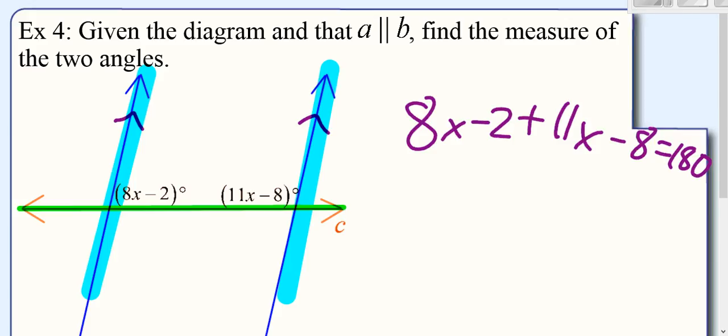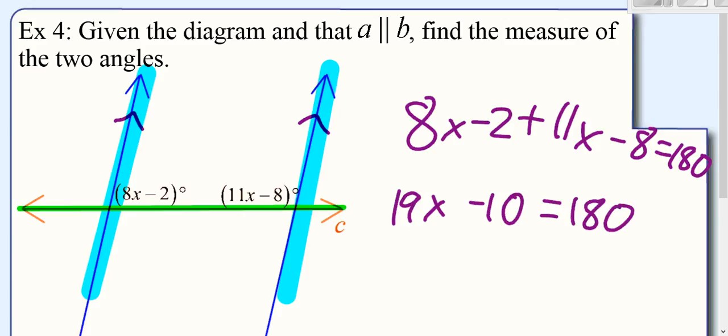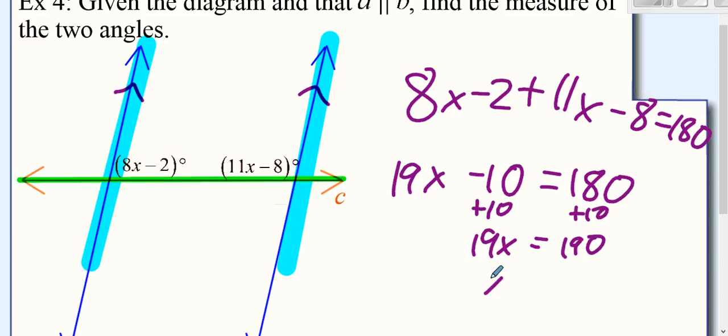So we got to solve this equation. Combine like terms. 8 and 11, that's 19x. Negative 2 and negative 8, that's negative 10. Add the 10, divide by 19. And we got x equals 10.